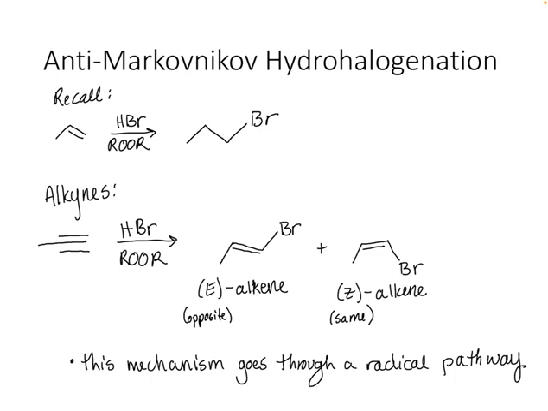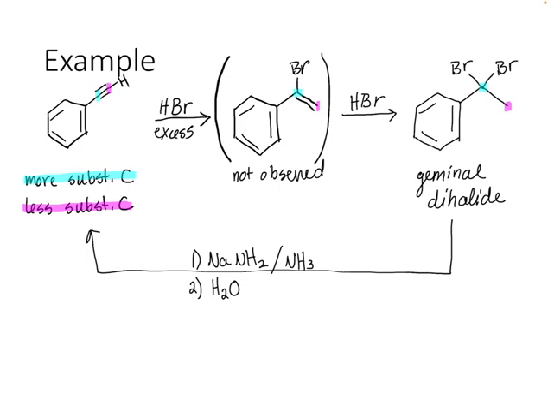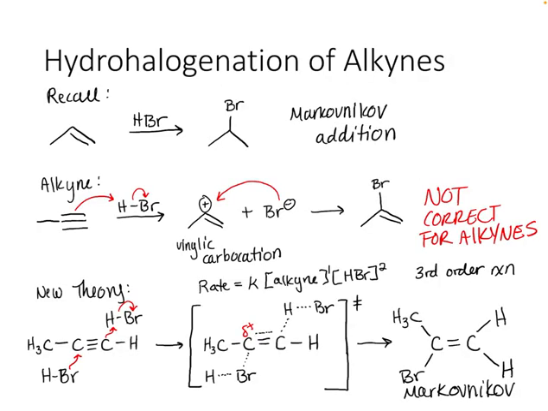All right. So just remember, if you add hydrobromic acid across a triple bond, you'll end up getting Markovnikov addition of that bromine. And it kind of goes through this mechanism where the alkyne is sandwiched in between two hydrobromic acid molecules.